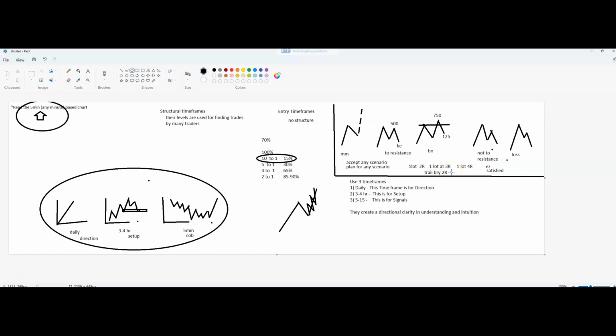So it's this right here, what I'm showing: one lot at 2R, one lot at 3R, one lot at 4R, averages about 3R. One at 2, one at 3, one at 4, your average is about 3R, right? And there's a lot of trades that are small moves. They will do something like this, and you're making money.